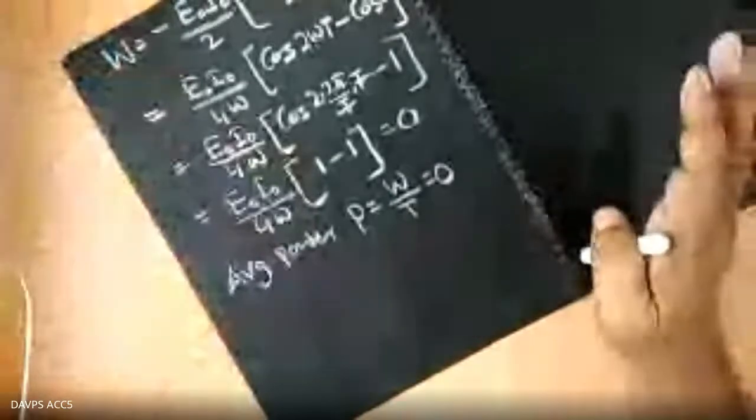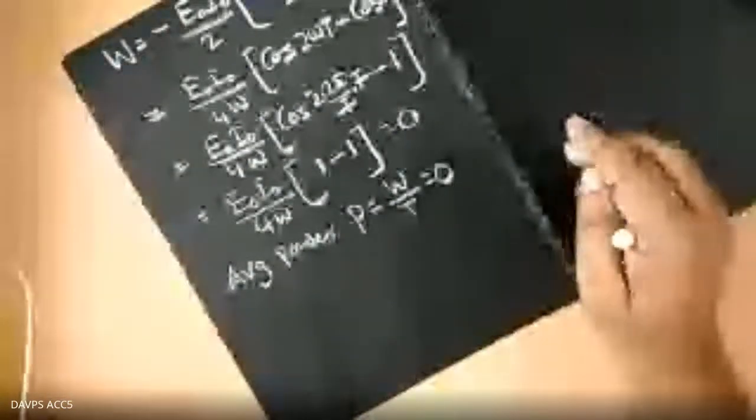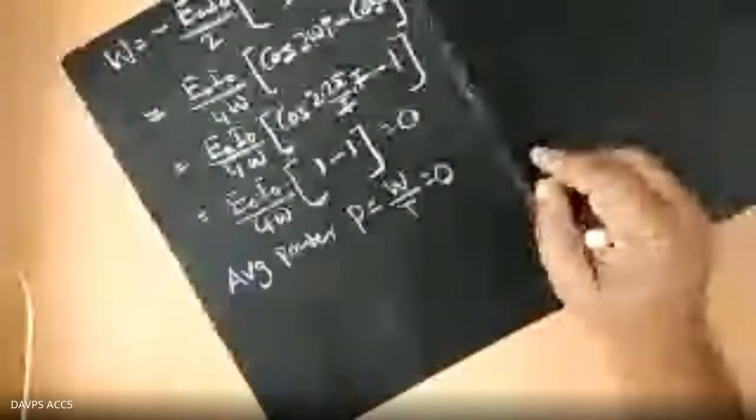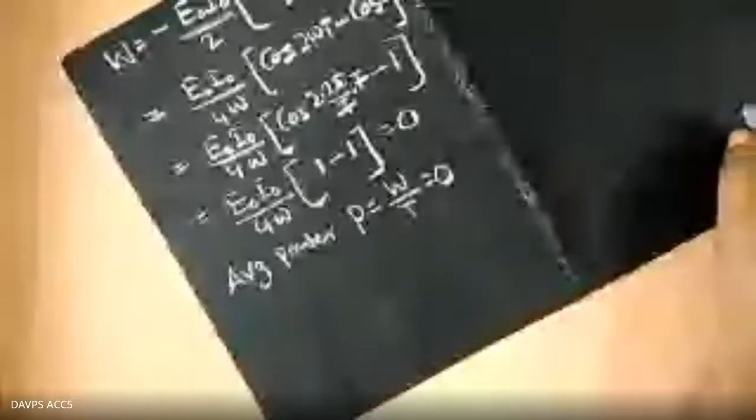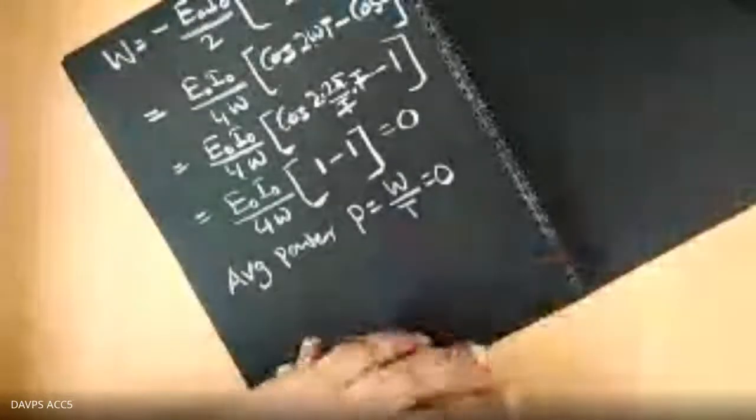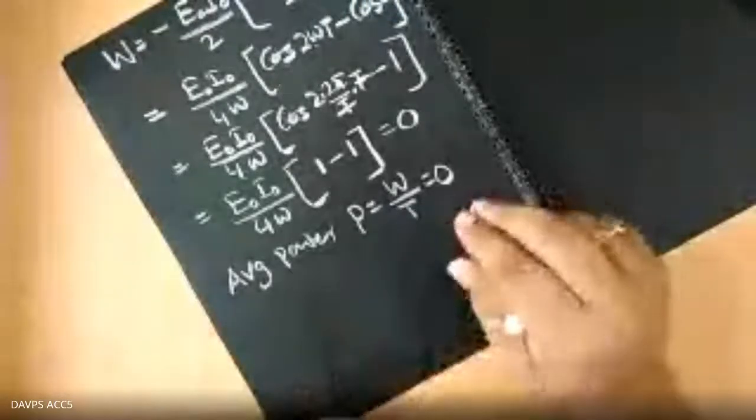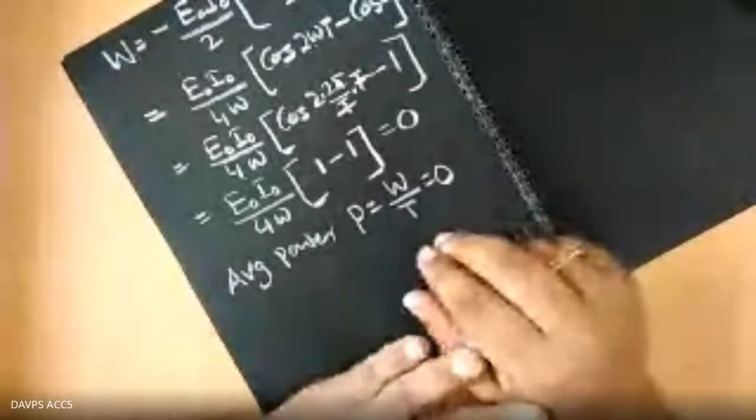All of you understand what I am telling? So over a complete cycle, average power becoming 0. It is very interesting that whenever the pure inductor is connected in AC circuit, the average power, whatever you are finding, that becomes 0.